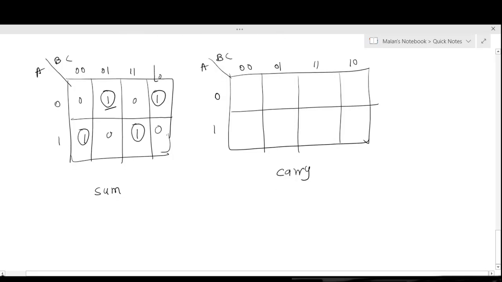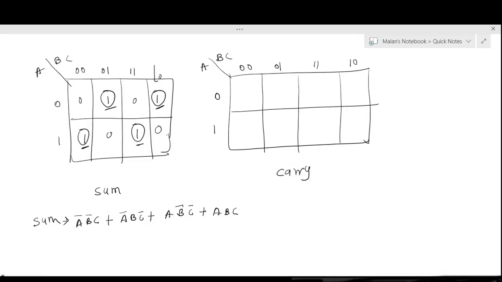The term represented by the cell M1 is A bar, B bar and C, plus the term represented by cell 2 is A bar, B, C bar, plus the cell 4 represents the term A, B bar, C bar, plus the term M7 represents the cell A, B and C. This is the expression identified for the sum.